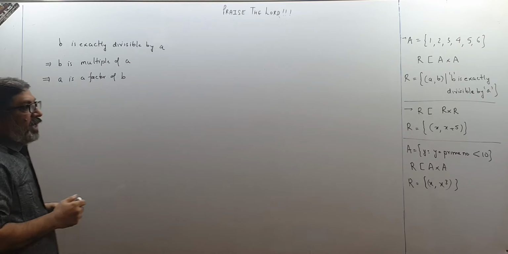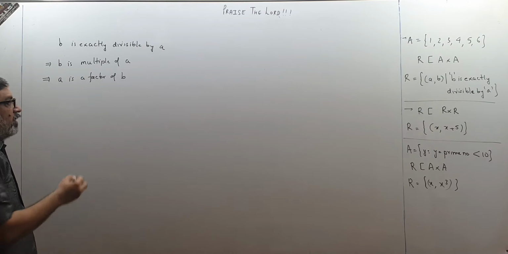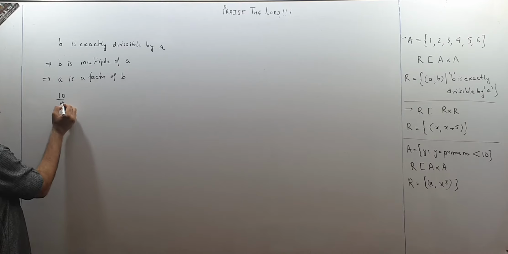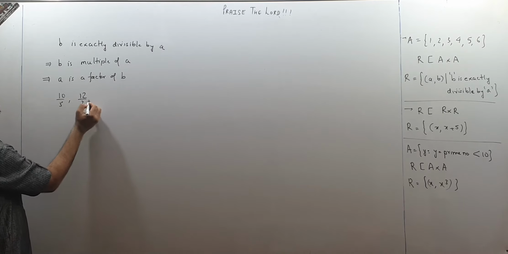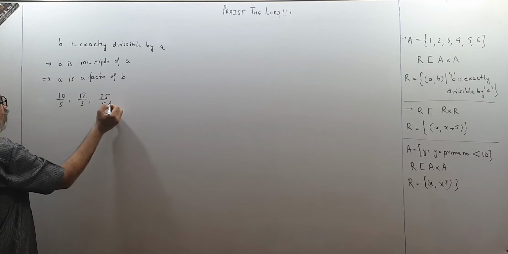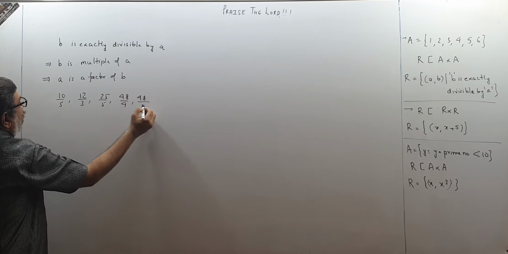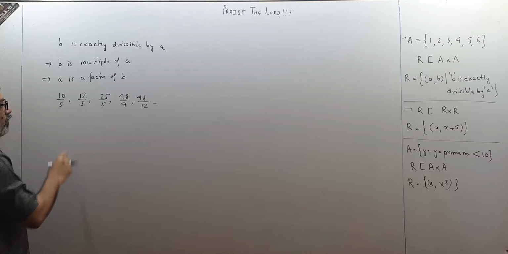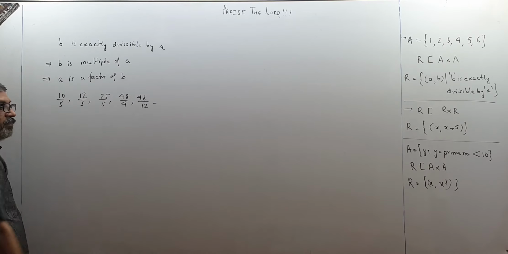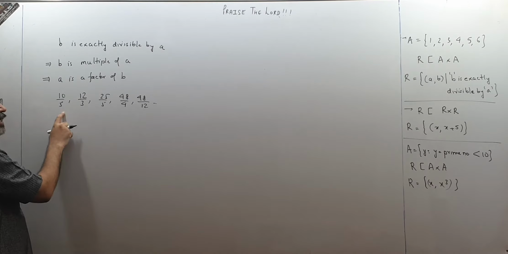Then only B can be exactly divisible by A. Like we have got 10 upon 5, 12 upon 3, 25 upon 5, 48 upon 4, 48 upon 12, something like this. So these all are B and these all are A. So B can be divided by A exactly.